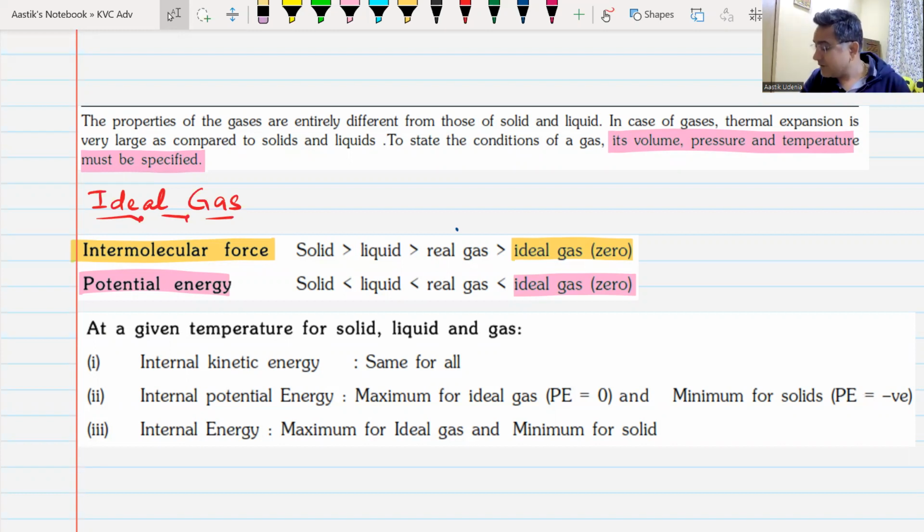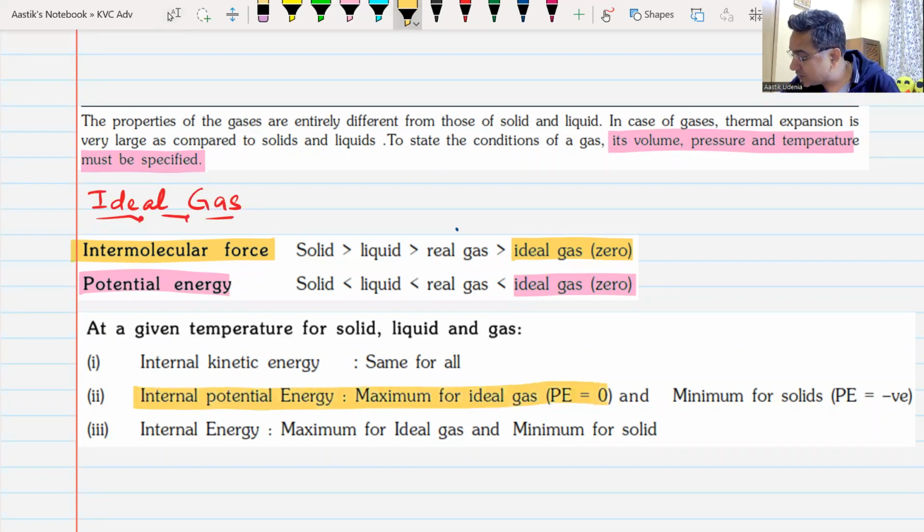Now, whenever we are talking about an ideal gas, we are always taking the potential energy of an ideal gas as zero. So an ideal gas only has energy in the form of kinetic energy of its molecules. Do we understand this? Yes.